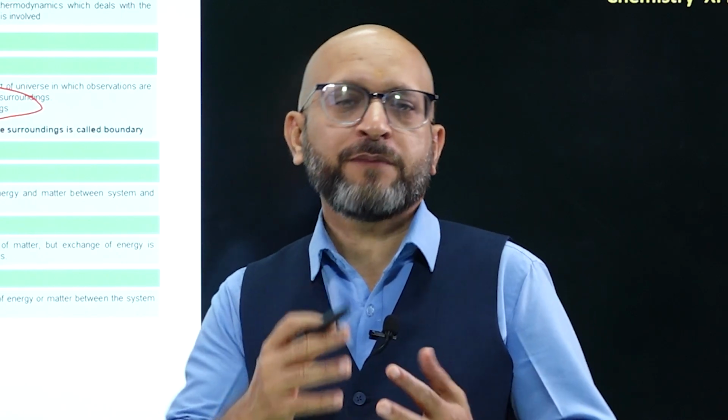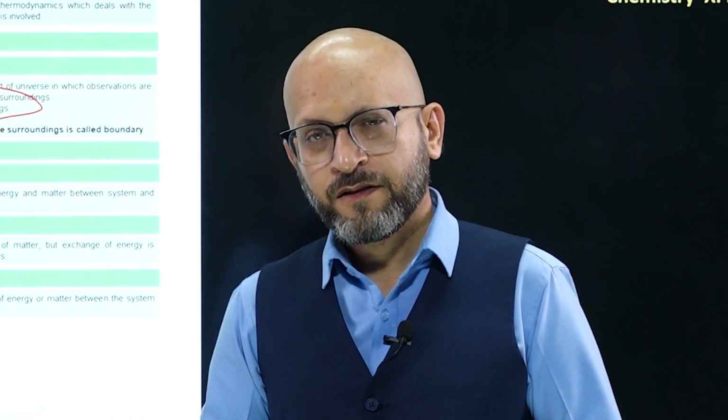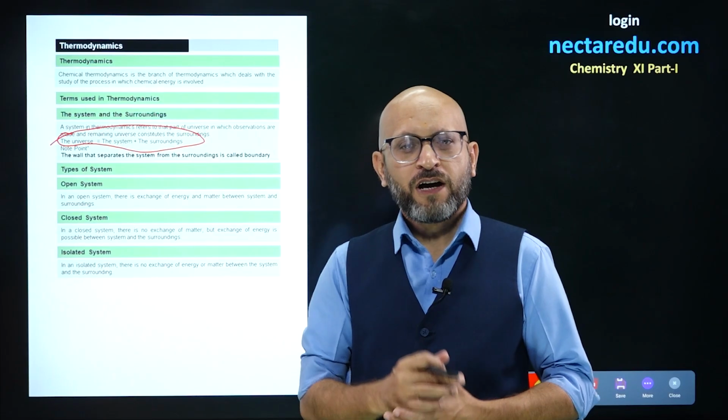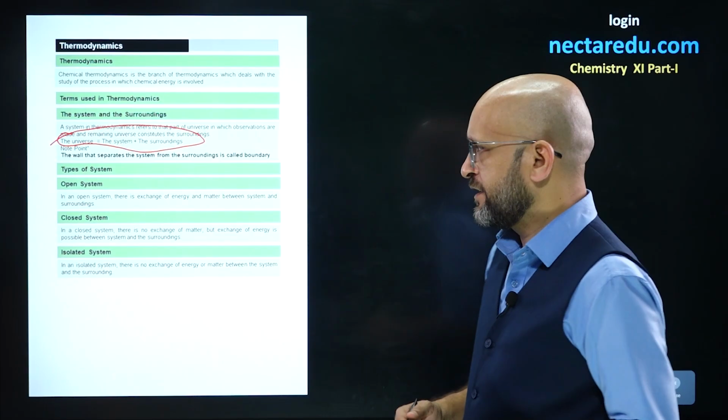So there are three types of systems, which are open system, closed system, and isolated system. I'll explain through a figure which will make it easy for you to understand.